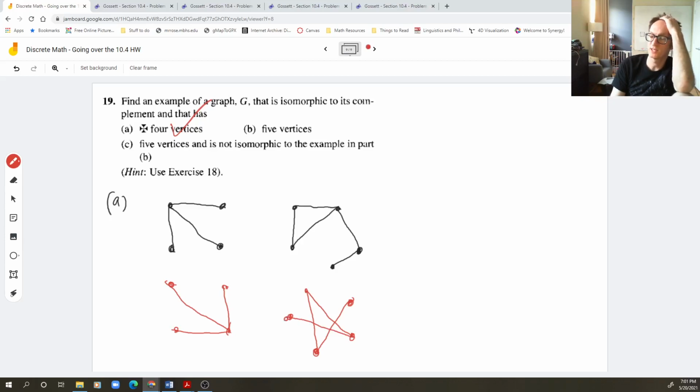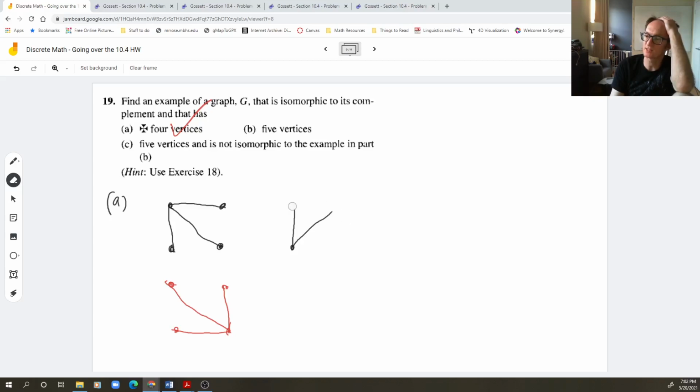No. This one is going to go here. But I just failed because these two are not isomorphic. Okay, wait, hold on. I need to think this through more carefully, and then I need to be done with this video.